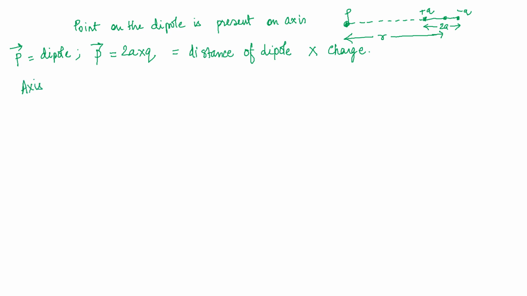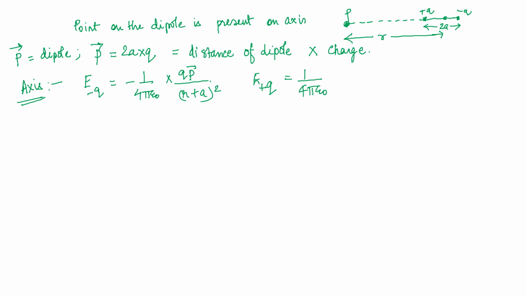So I'll just write axis and I'll give you the formulas needed here. When the point P is influenced by the negative charge, the electric field we will get is 1 by 4 pi epsilon naught into Q into P by R plus A the whole square. And the electric field due to the influence of the positive charge will be 1 by 4 pi epsilon naught into Q into P divided by R minus A the whole square.